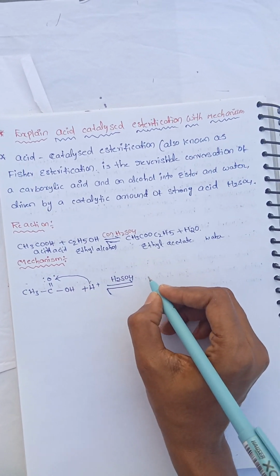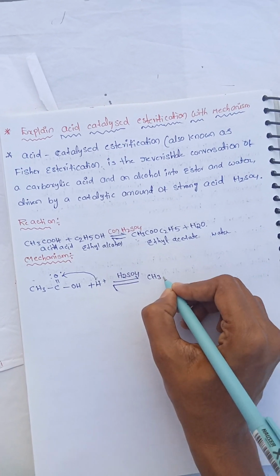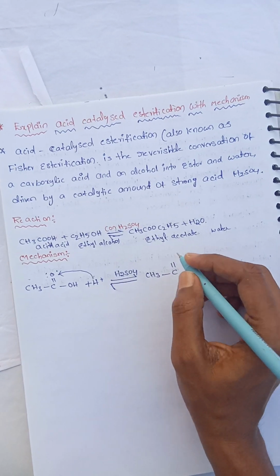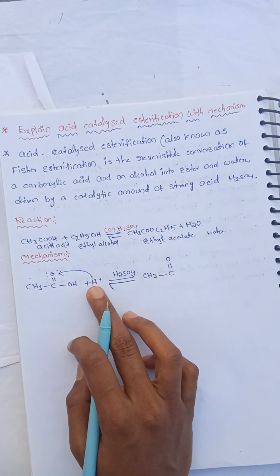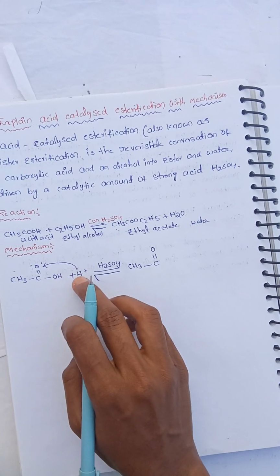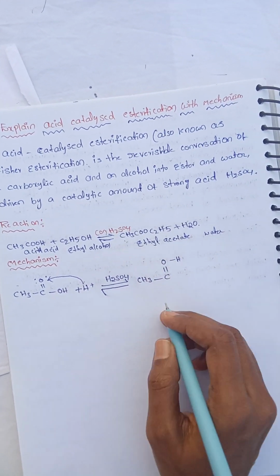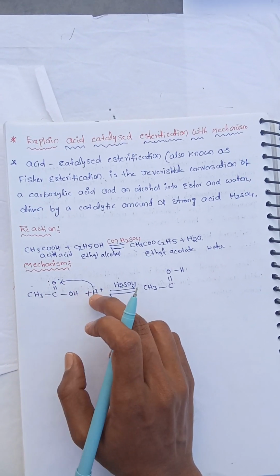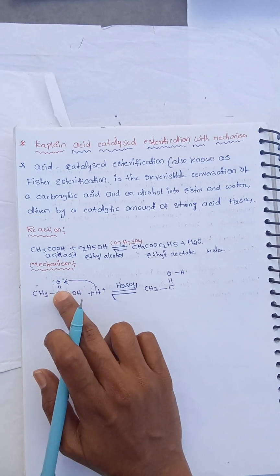That means you have to write the structure. CH3 as usual, carbon, double bond also the same. Here oxygen is attached with hydrogen, so you have to write H. When the lone pair is attached to the H plus, oxygen gets a positive charge.